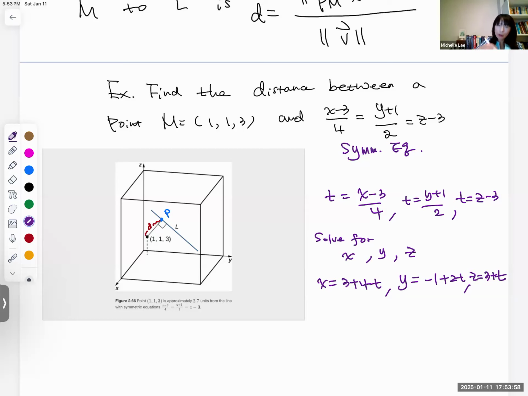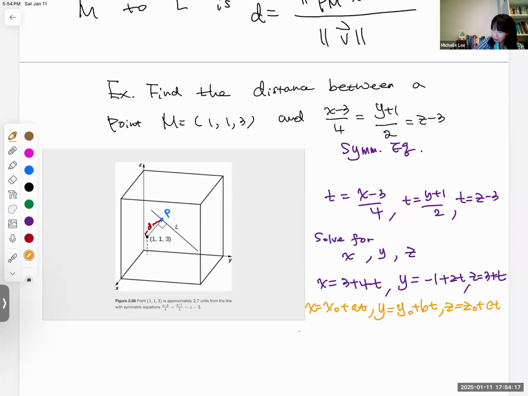All right. Then we have a form, parametric equation that is x equal to x naught plus at, y equal to y naught plus bt, z equal to z naught plus ct, right?